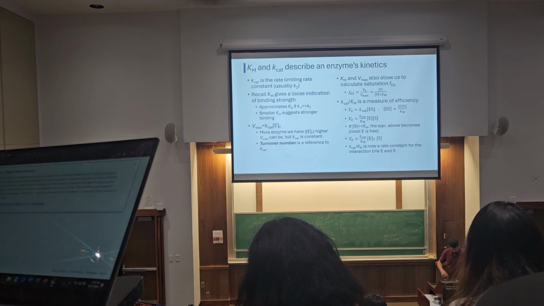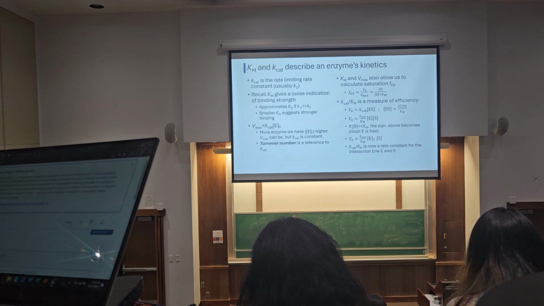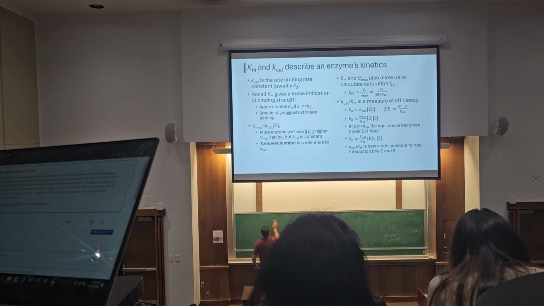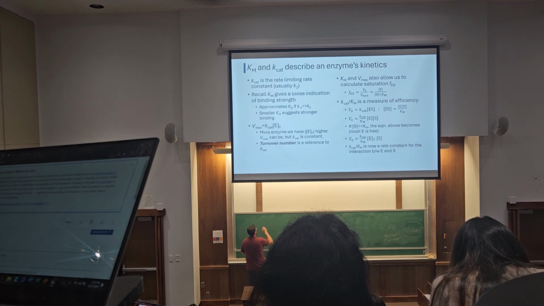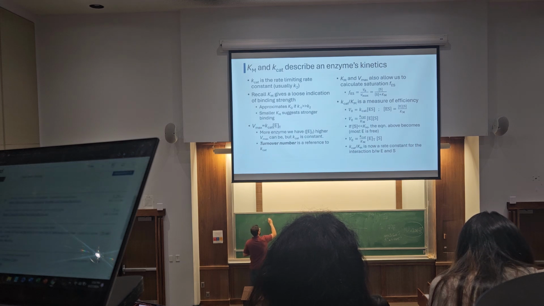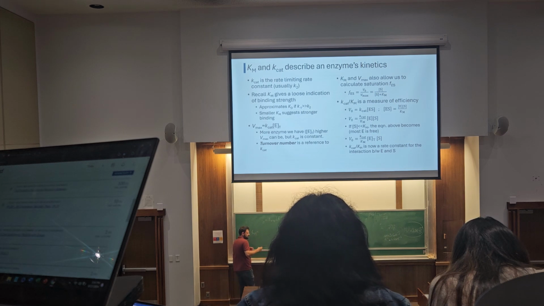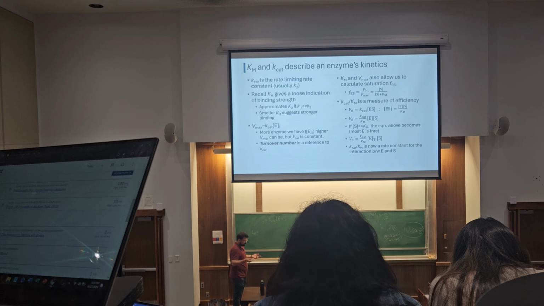So if we say we have our V naught equals Kcat times ES, and we also know that Km, the Michaelis constant, is equal to K minus 1 plus K2 over K1.